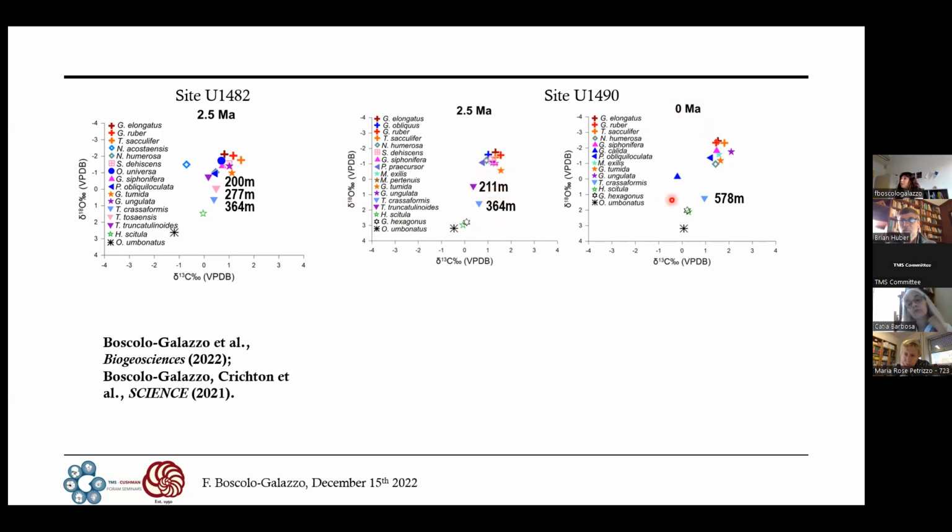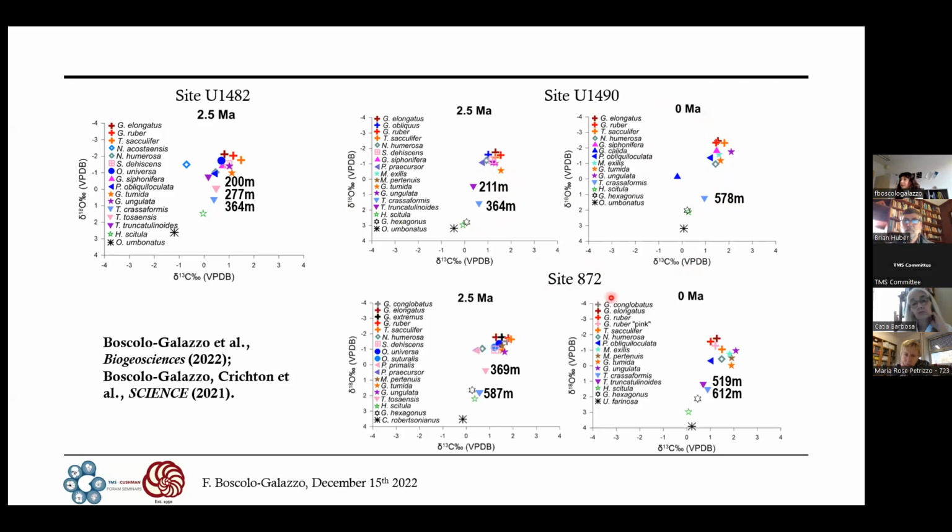In the modern sample, we have only crassiformis here with an even deeper depth habitat reconstruction. Site 872, tropical Pacific Ocean, 2.5 million years ago. Again, we find Truncorotalia tosaensis and Truncorotalia crassiformis. Crassiformis, again, with more positive oxygen isotope values and a deeper depth habitat reconstruction compared to tosaensis.